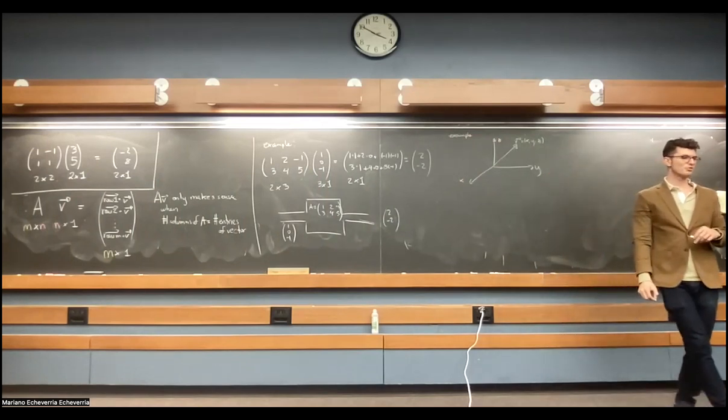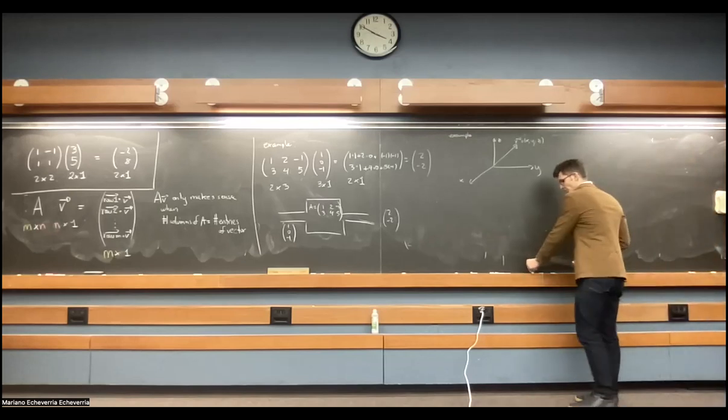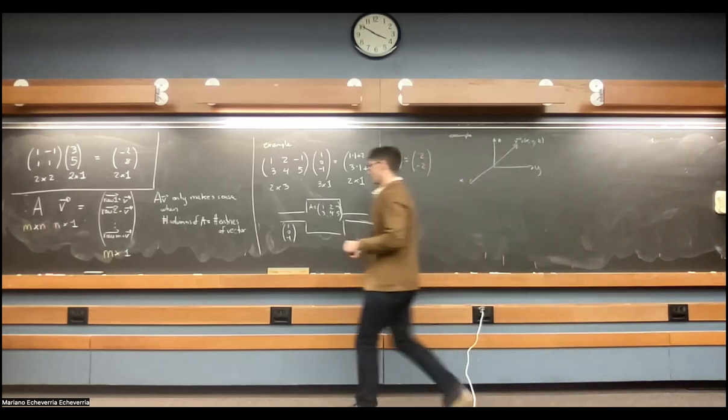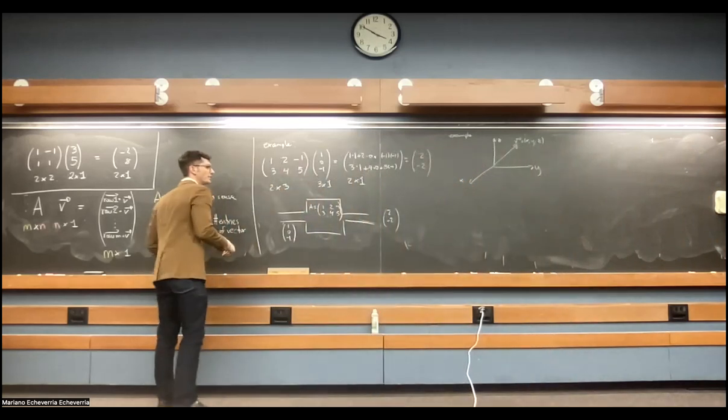And you want to look at the shadow that the vector makes on the plane, so on the xy plane. So there's a shadow that this vector makes.